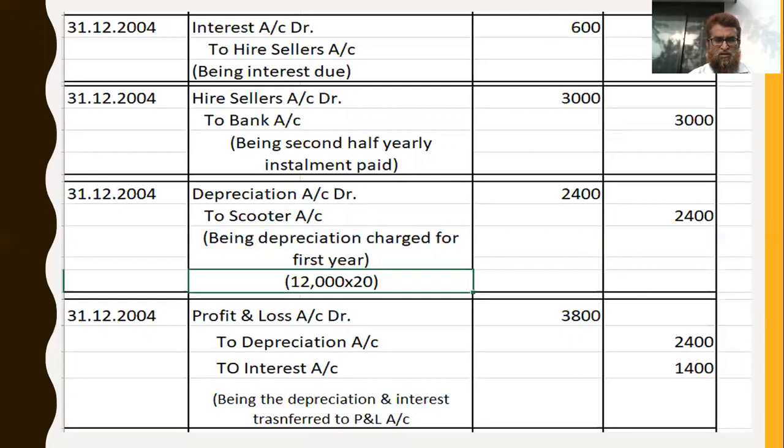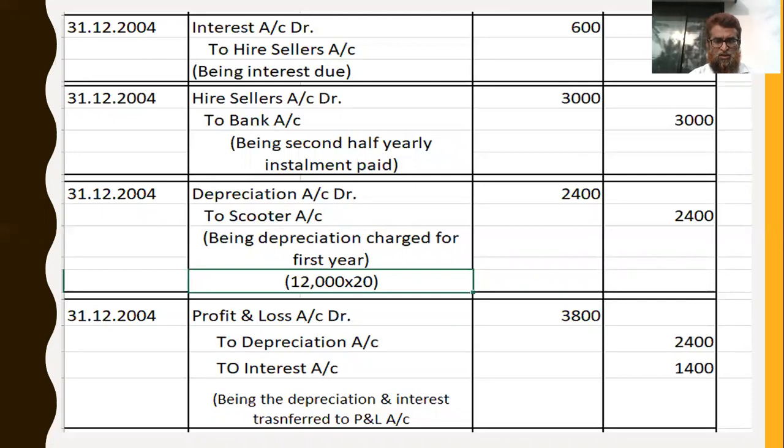And third journal entry is on the same date for depreciation. It is only by the end of the year that you pass the depreciation. Depreciation account debit to scooter account, being the depreciation charged for the first year. Depreciation here is charged at the rate of 20%, that is 12,000 cash price into 20%, original cost method, rupees 2,400.